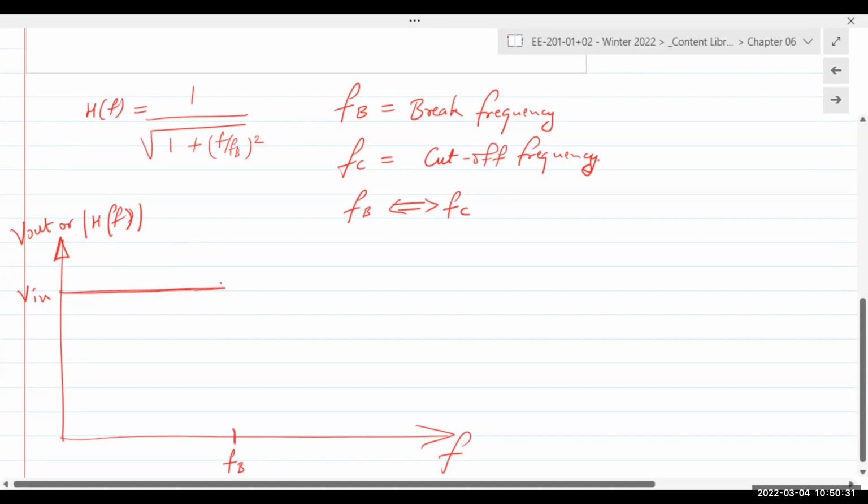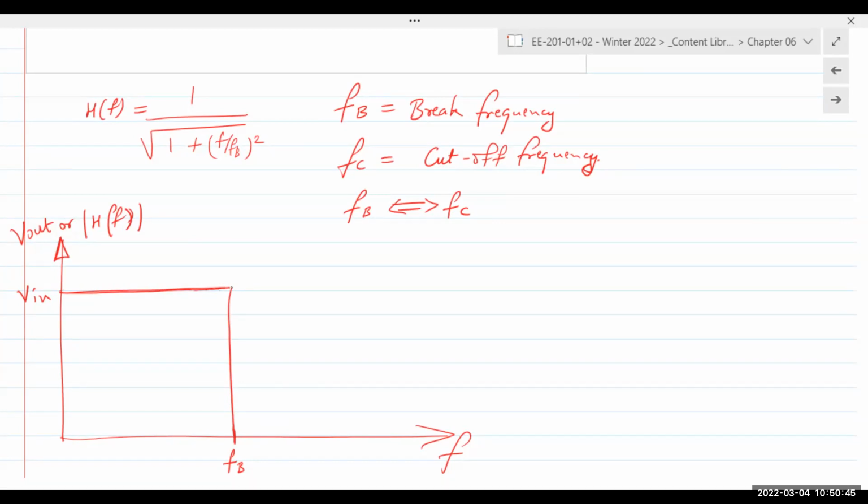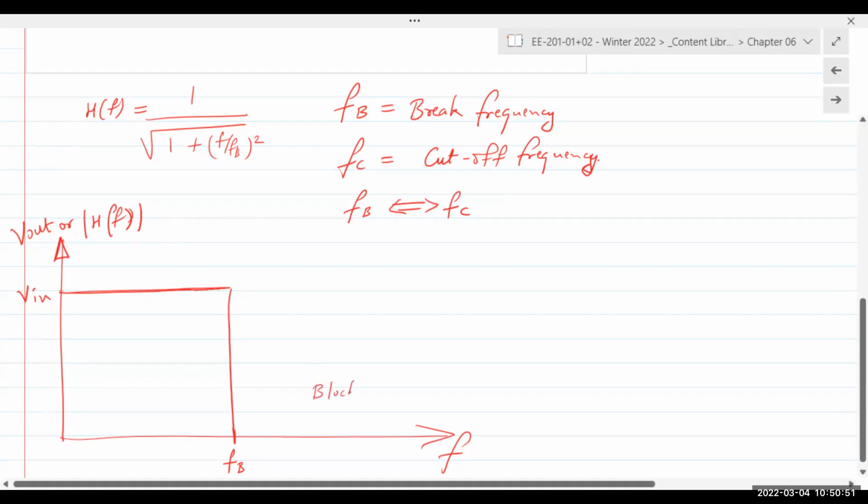Once the incoming input signal has a frequency component that is higher than FB, output drops to 0. So all frequencies below FB are allowed to pass through. All frequencies above are blocked. So this is also known as the pass band, and the other one is known as the blocked band.